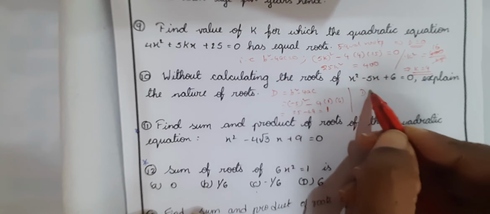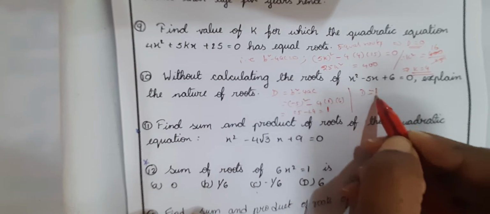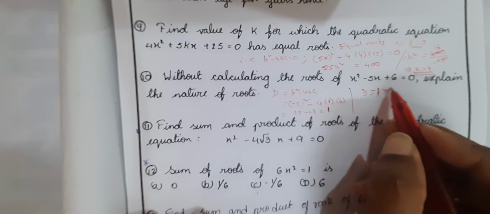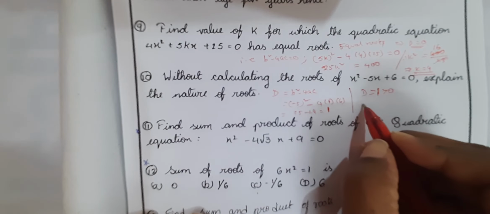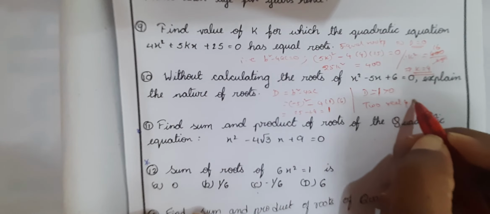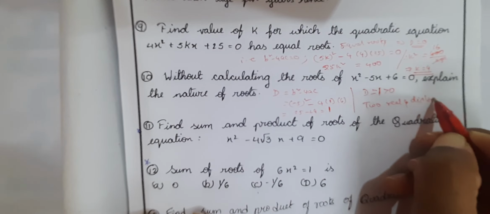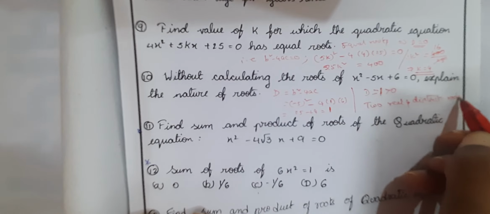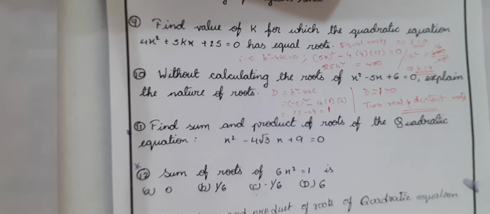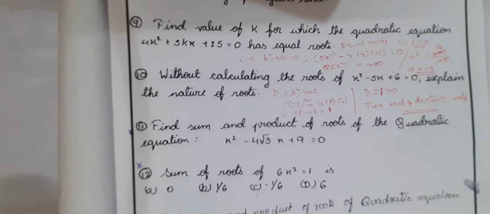So here discriminant is equal to 1, which is greater than 0. If discriminant is greater than 0, then you have two real and distinct roots. Okay? So this is how we are going to get the nature of the roots. Without finding the roots, we are only finding the nature of the roots because the question is asked only to find the nature of roots.